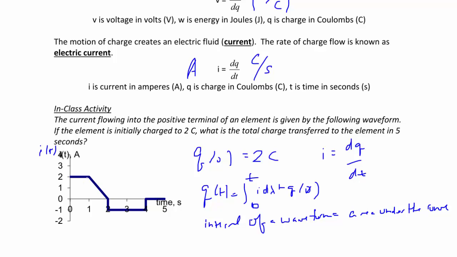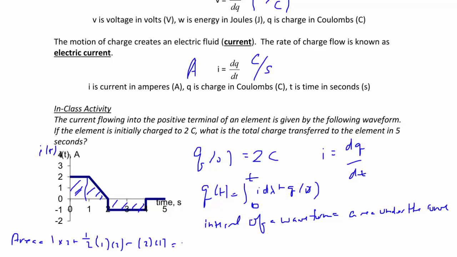So here we have a rectangle, a triangle, and another rectangle. So that area is equal to 1 times 2 plus 1/2 times 1 times 2 minus, because this one is below the time axis, minus 2 times 1.